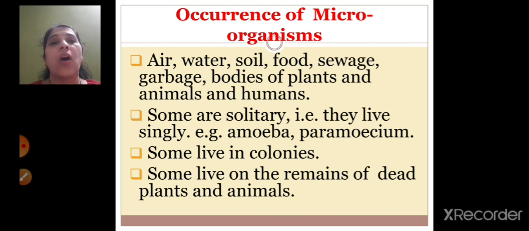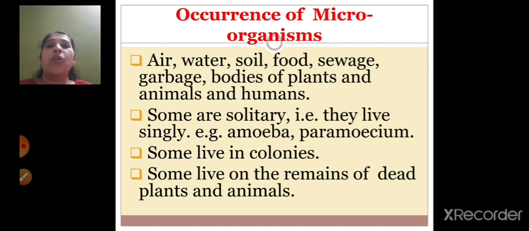Then there are other cell organelles present in both the cells, right? What are those? Those are mitochondria, endoplasmic reticulum, Golgi bodies, vacuoles, lysosomes, ribosomes, right? Then we saw that there are four main parts of the cell, right?